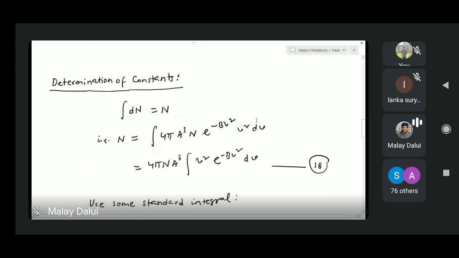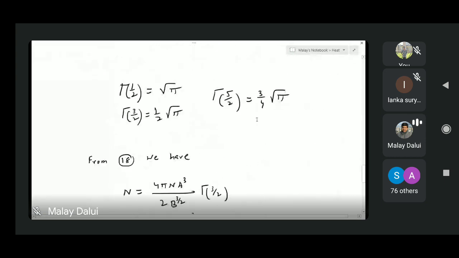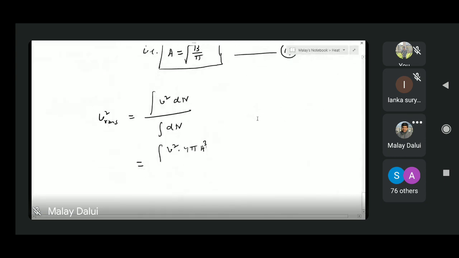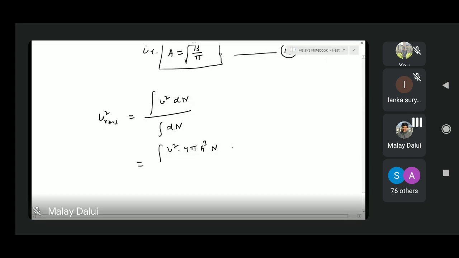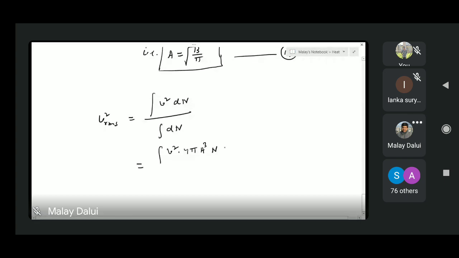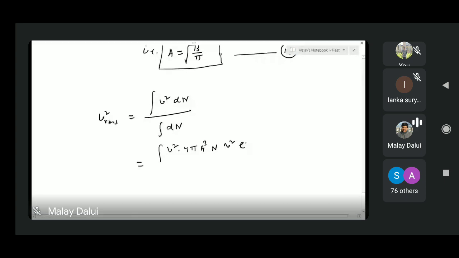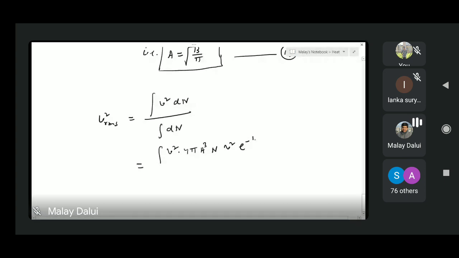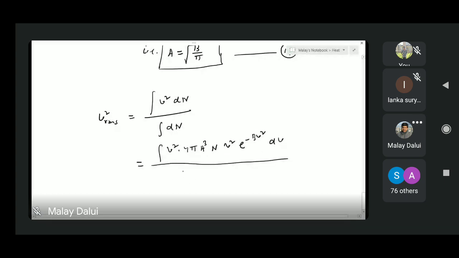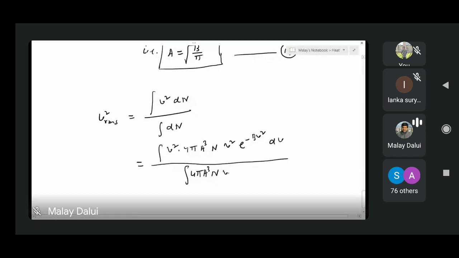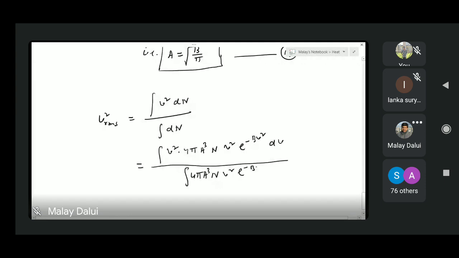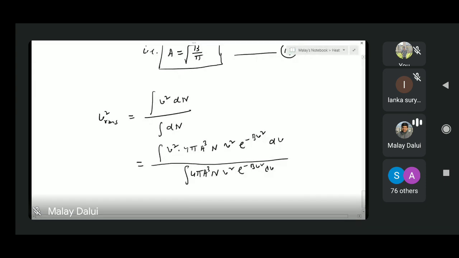It's 4 pi a cube n v square e to the power minus b v square dv. So we have 4 pi a cube n v square e to the power minus b v square dv in the numerator, and in the denominator 4 pi a cube n v square e to the power minus b v square dv.